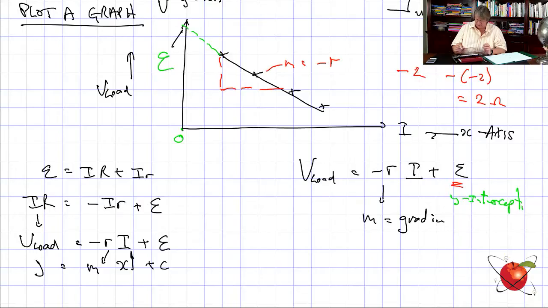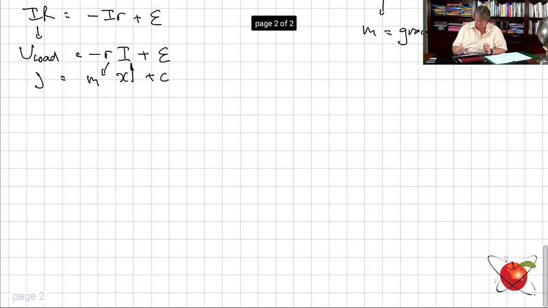So it's a great exam question. Either this one or the photoelectric effect one, we do the same thing: we change it around, write it in the form y equals mx plus c, and we take it from there. Okay, now let's have a look at a different example, shall we? I hope everyone is happy with that.